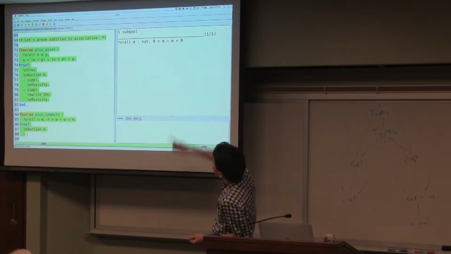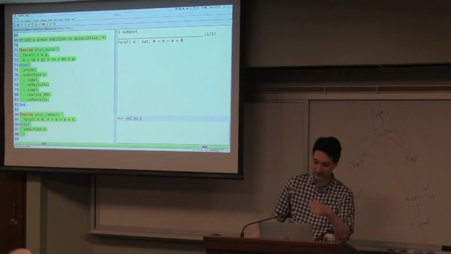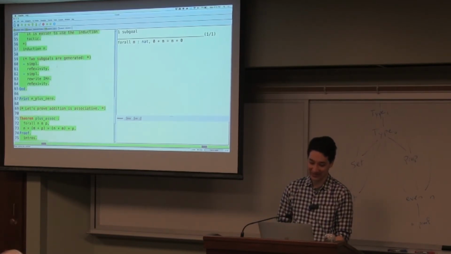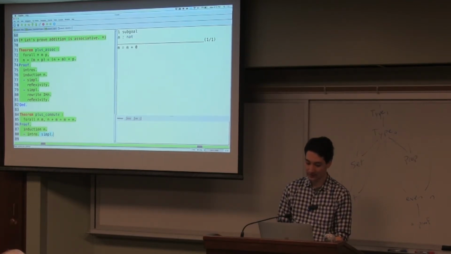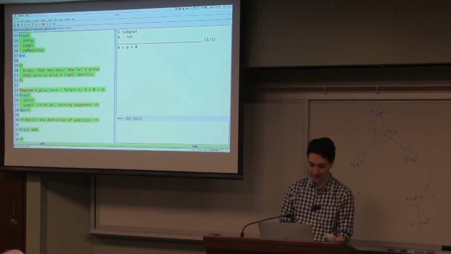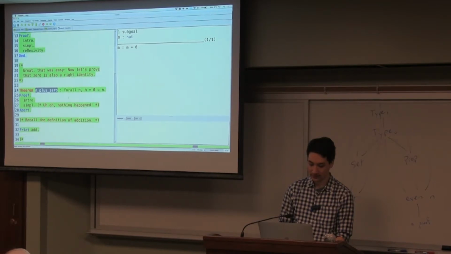So actually, I can use a lemma that I proved before. That's good. 0 plus n equals n. Yeah, but wait till I get to the inductive case. Okay. So let's intro, simple, apply. What did I call it? Let's see. n plus 0 equals n. That's what I want. This one, n plus 0. I thought you just did simple.